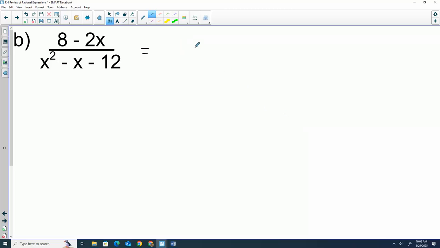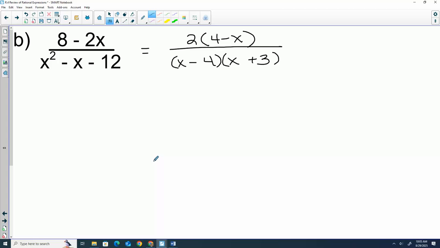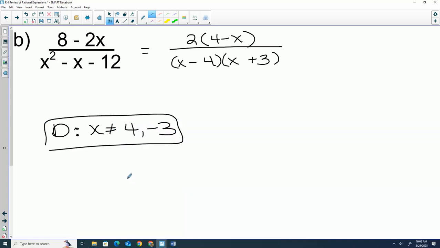GCF, we can take out a 2. Okay, on the bottom, multiply to -12, add to -4. Okay, can you tell me the domain right now? Right. x cannot be 4 or -3.